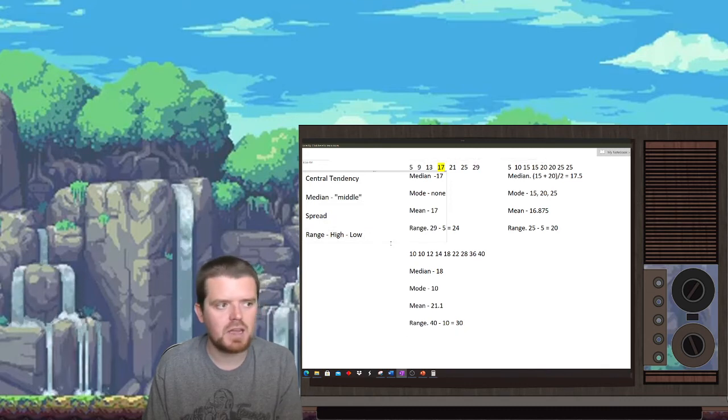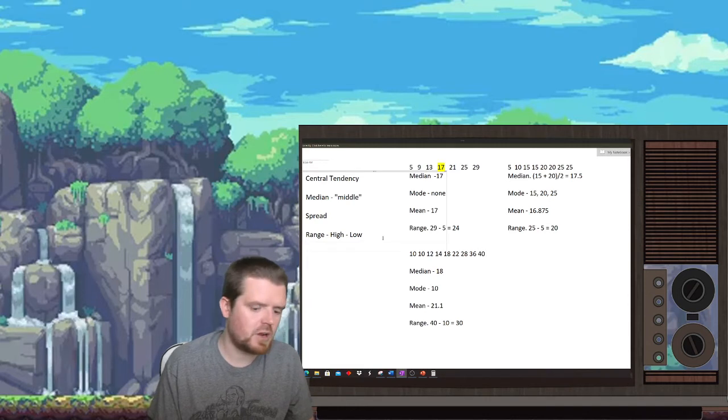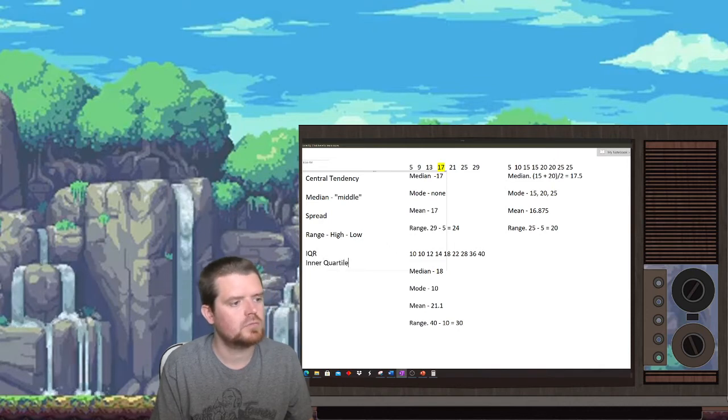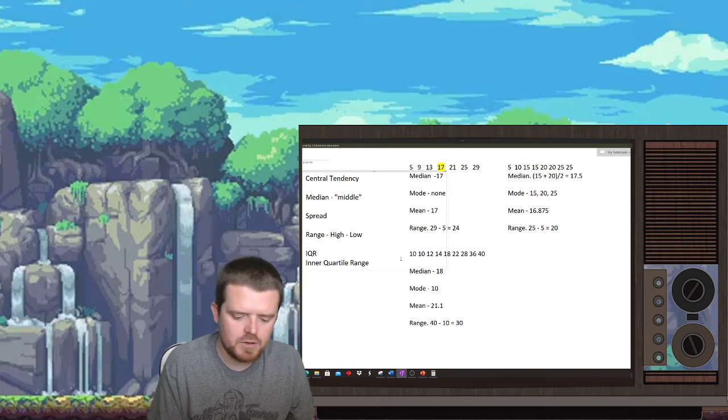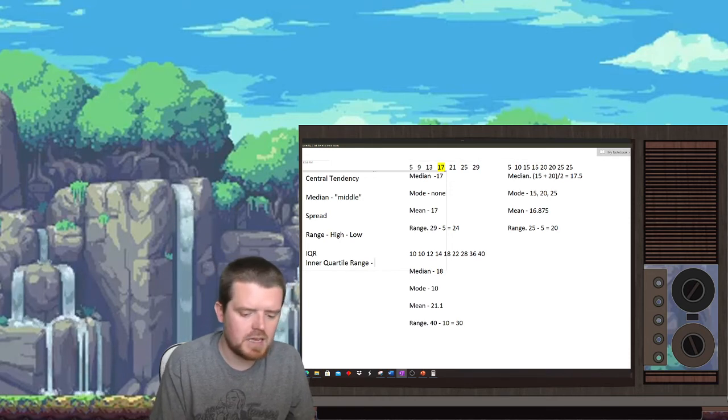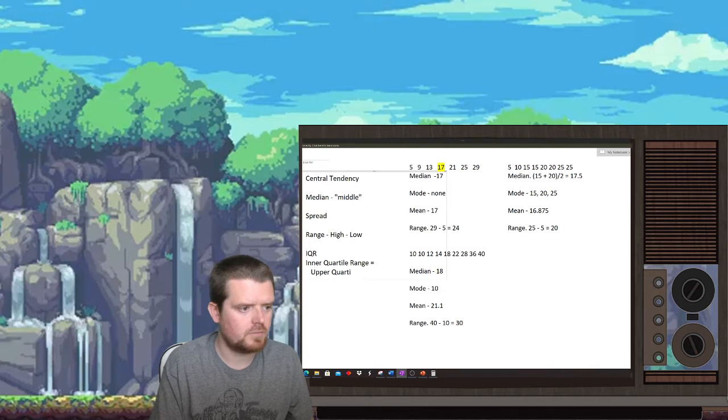But now we're going to be introducing a new type of spread, which is known as interquartile range, or IQR. So interquartile range is achieved by taking what's known as the upper quartile and subtracting the lower quartile.